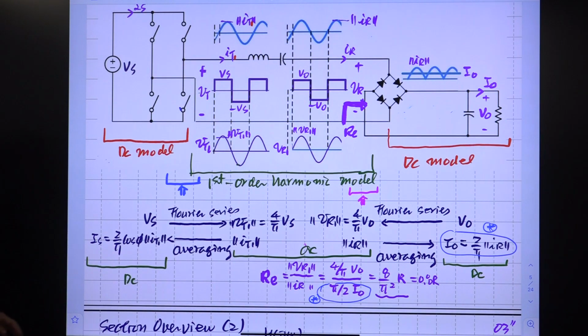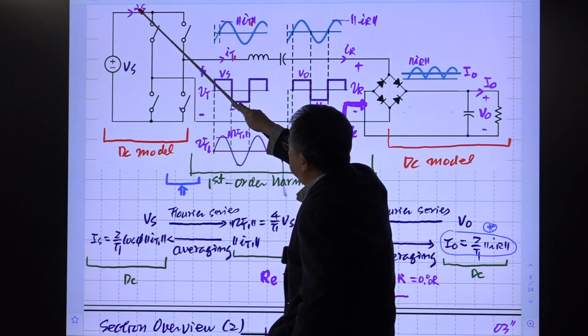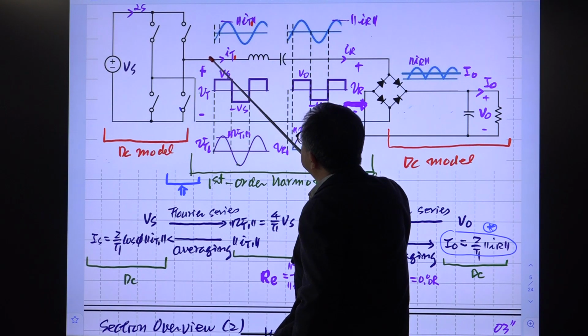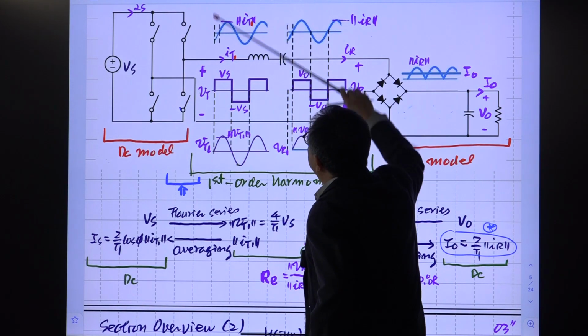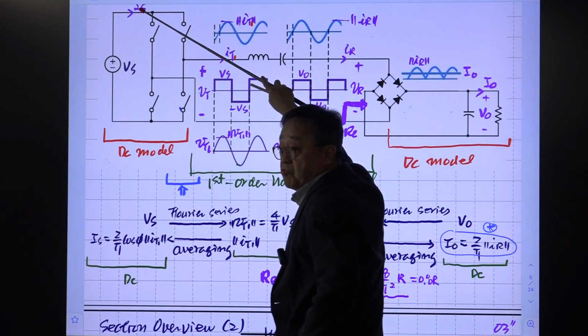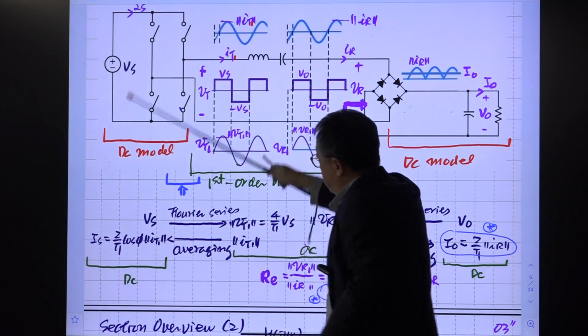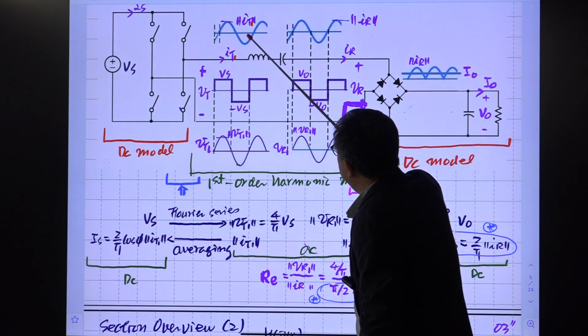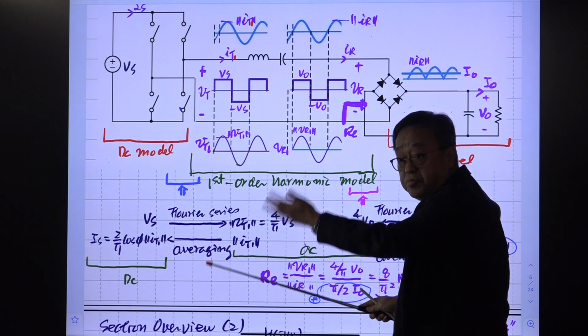Okay. How about this? This is the AC current, and this is the DC current. There is a relationship between them. Actually, this waveform is rectified and averaged. That becomes this waveform. We'll discuss this in the next slide. So the relationship from here to there is just averaging, which we went through in the previous lecture slide.